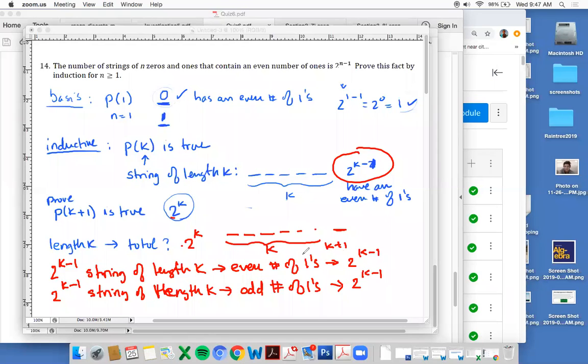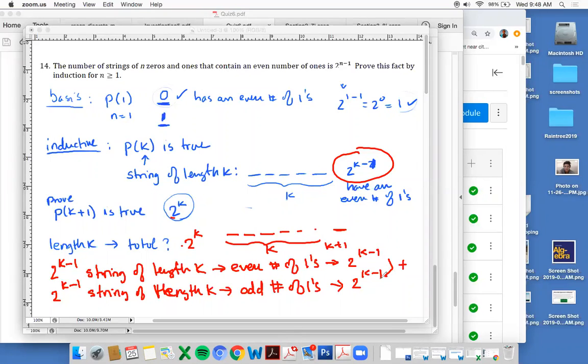But now you need to add these together. Because I'm looking at how many strings of length k plus 1 have an even number of ones, I have the ones that I formed from the original ones that had an even number of ones by adding a 0 at the end, and that was 2 to the k minus 1. But then I had an additional 2 to the k minus 1 that I made out of the original ones that had an odd number of ones by adding a 1 to them.